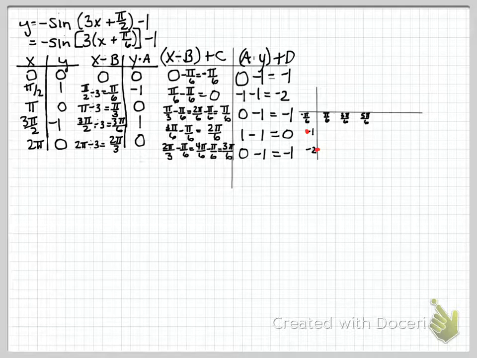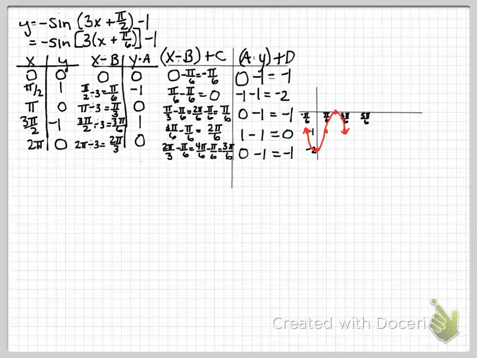Pi over 6, negative 1. 2 pi over 6, 0. And 3 pi over 6, back to negative 1. Okay, so there's my graph. It looks like a sine graph. It's just upside down. It's been flipped over.